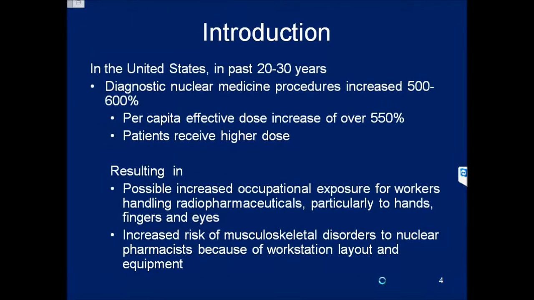Well, who do you think is going to be exposed to that? The nuclear pharmacists, and especially the nuclear pharmacist's hands. So this has resulted in possible increased exposure for workers.